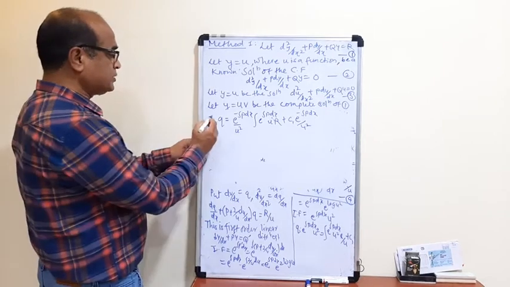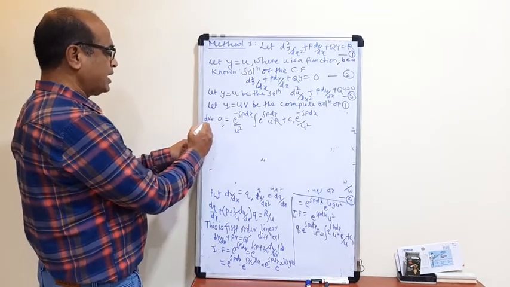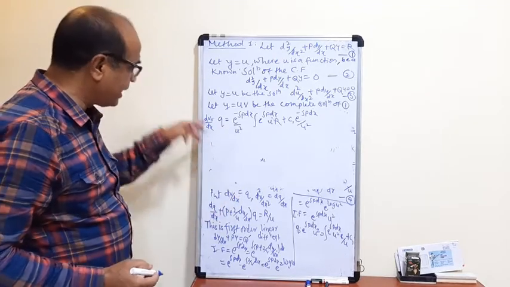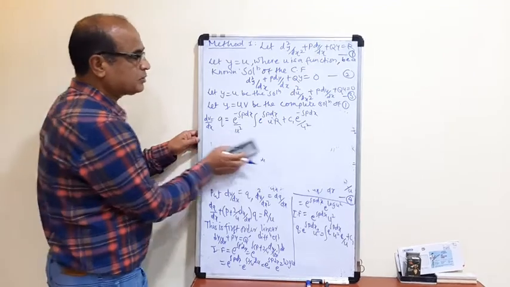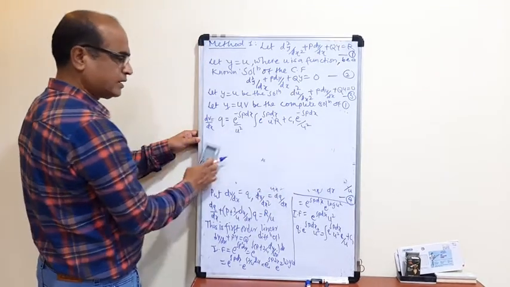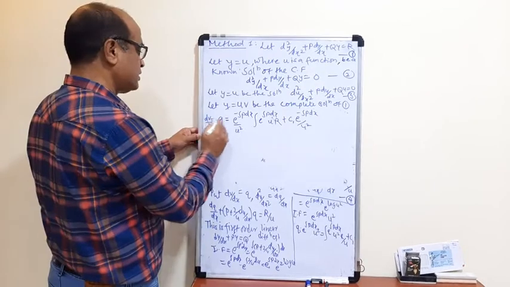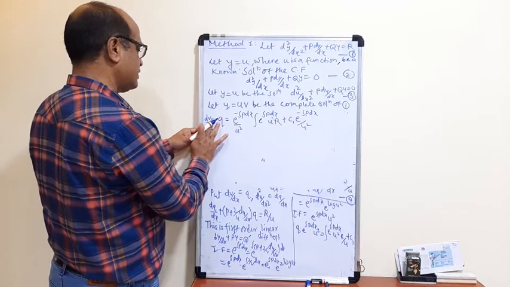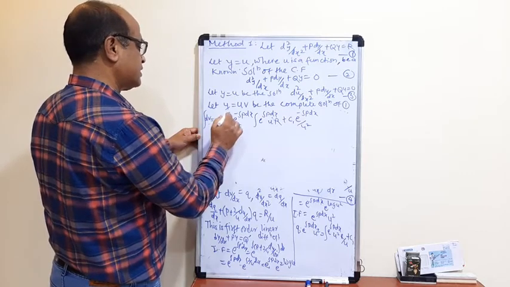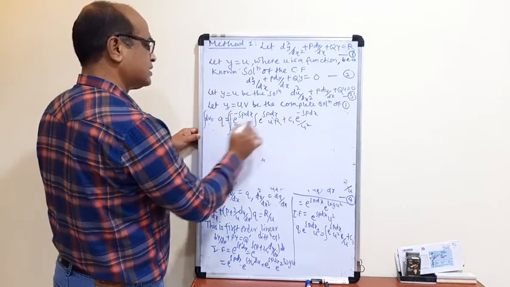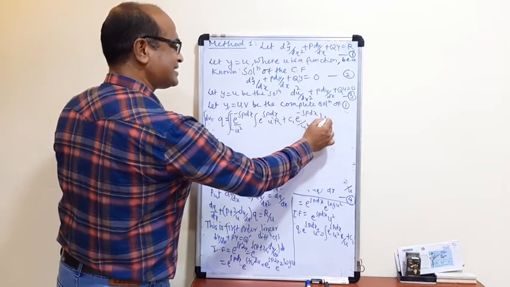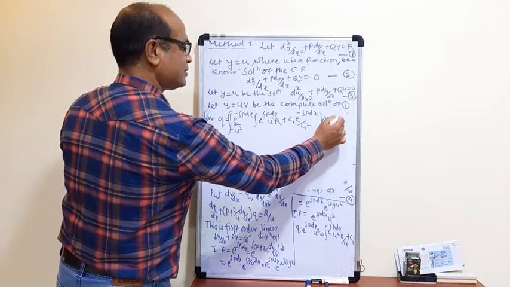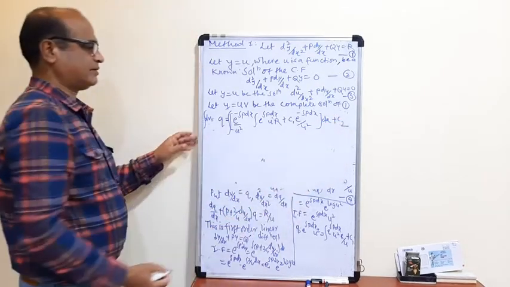But what is Q? Q is dv by dx. Putting Q is equal to dv by dx here, and again taking the integration of this, that is dx, plus a constant C2 here.